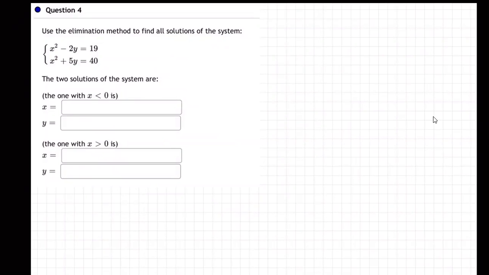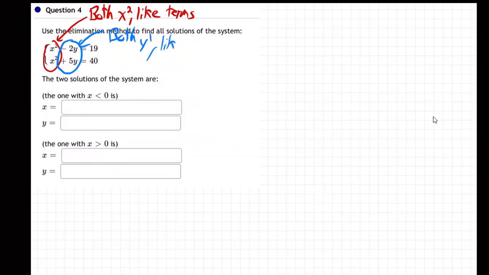Well, see how these guys are like terms. They're both x squared. Both x squared. Like terms, and these are both y to the first. Like terms. Do you see how the letter patterns are the same?